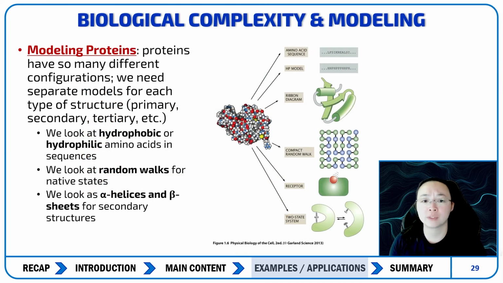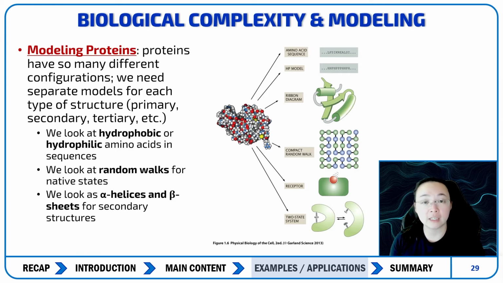Now, when we talk about modeling proteins, it's a little bit of a different approach. Proteins actually have so many different configurations. We usually need separate models for each type of structure. There's primary, secondary, tertiary, and quaternary structures.